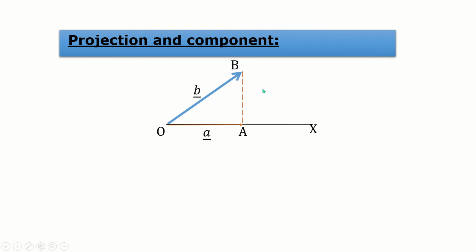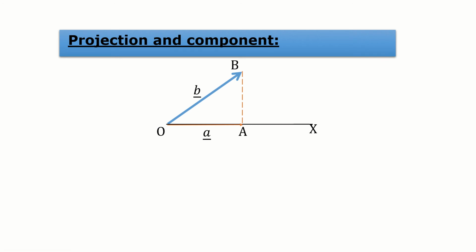Foot point means by drawing a perpendicular from a point to the base. This is a foot point. As we get the foot point by drawing a perpendicular, this is also called orthogonal projection.